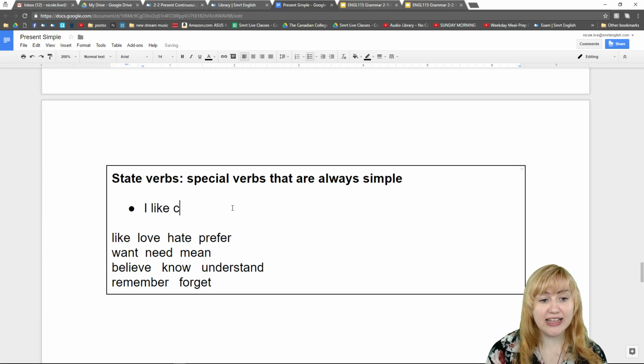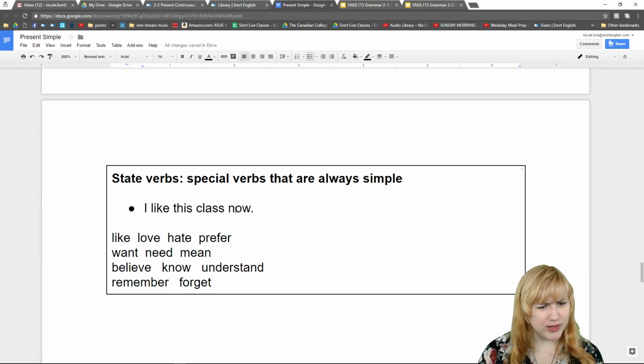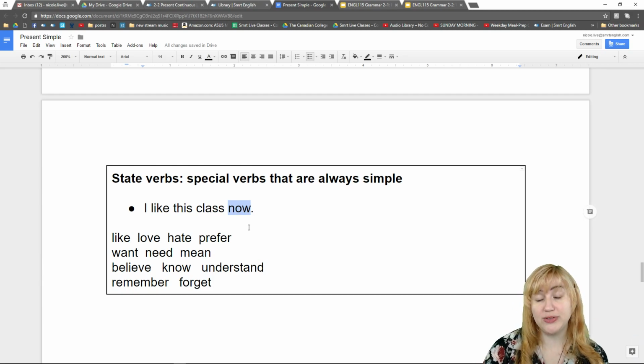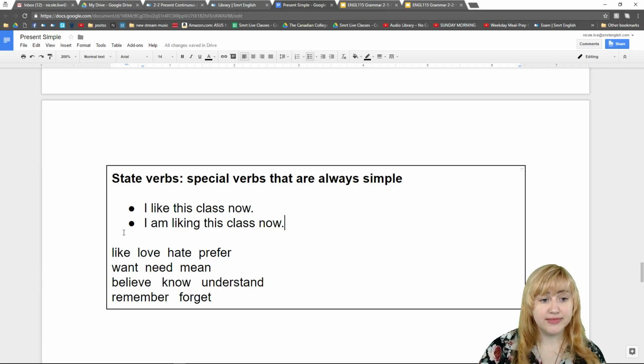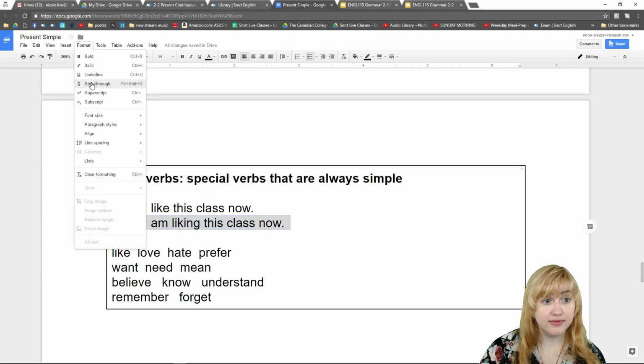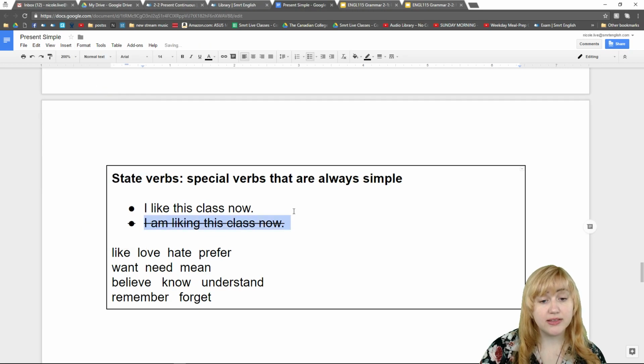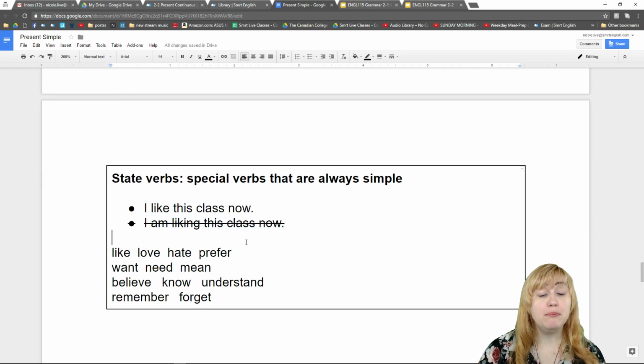We can say, I like this class now. Usually if we talk about now, we use a different grammar point. We use continuous. But we can't say, I am liking this class now. This is bad grammar. Bad grammar.